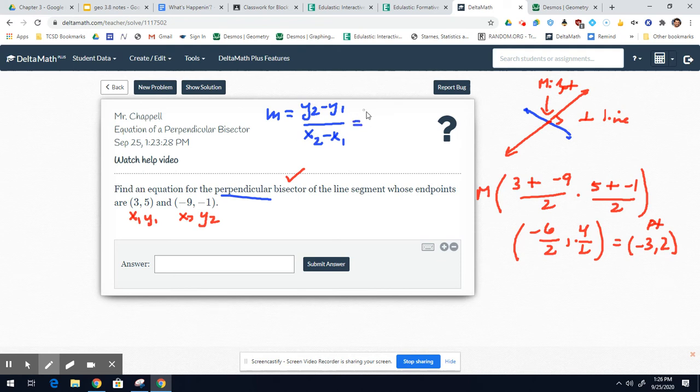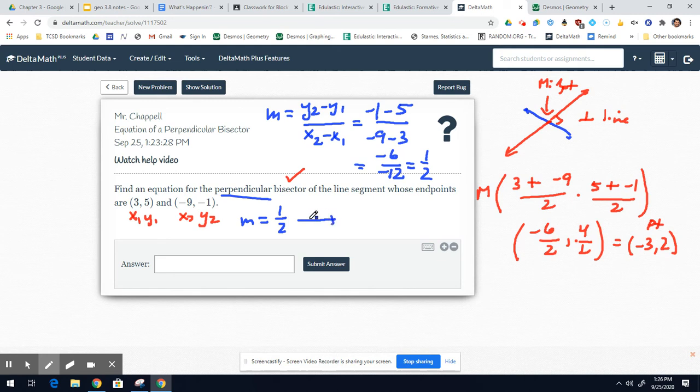So that's going to be -1 minus 5 over -9 minus 3. That is going to be -6 over -12. That simplifies to 1/2. So that is the slope of the line these 2 points are on, the segment.